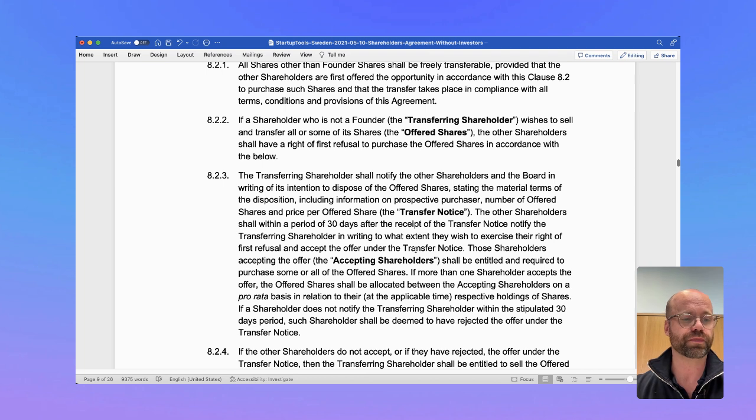And you would have clauses here saying if an external party wants to buy your shares, you'd have to offer the shares to the existing shareholders first. That's a very common clause, and this is to control who gets to be an owner in this company.